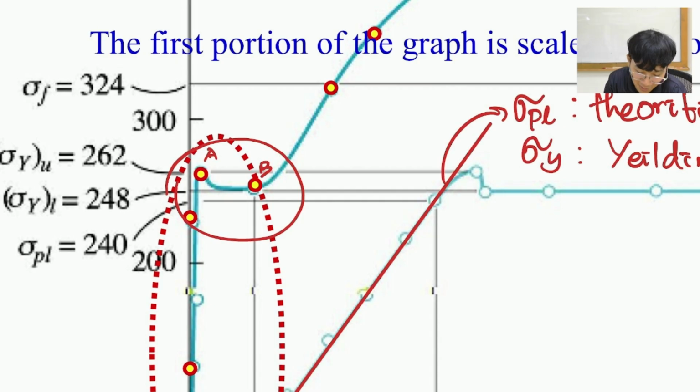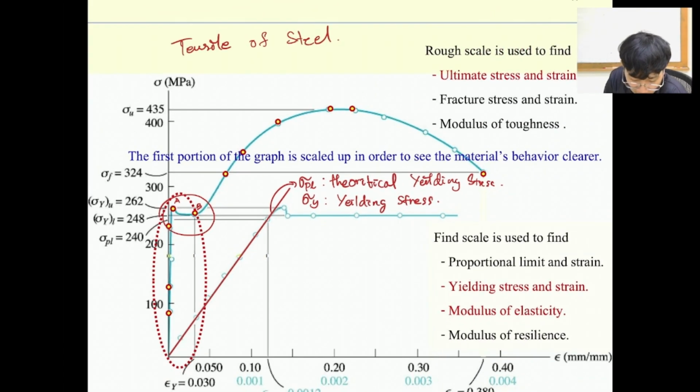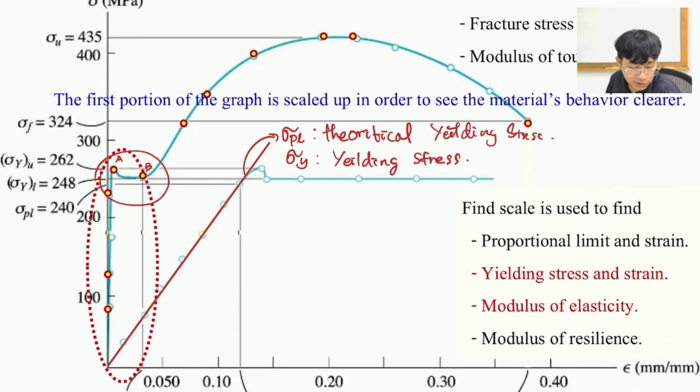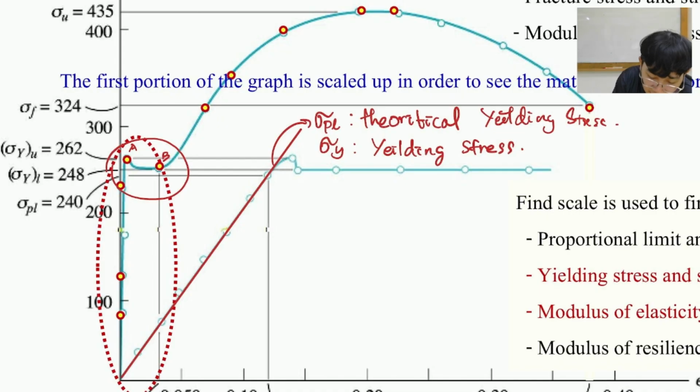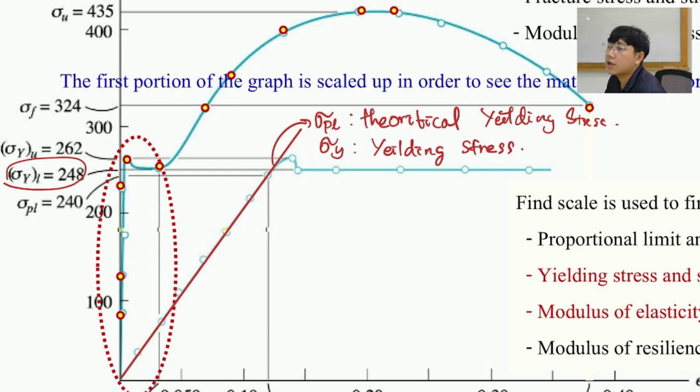Okay. So when we have the graph that can show both upper and lower yield, normally in our engineering field, we're going to use the lower yielding, okay?